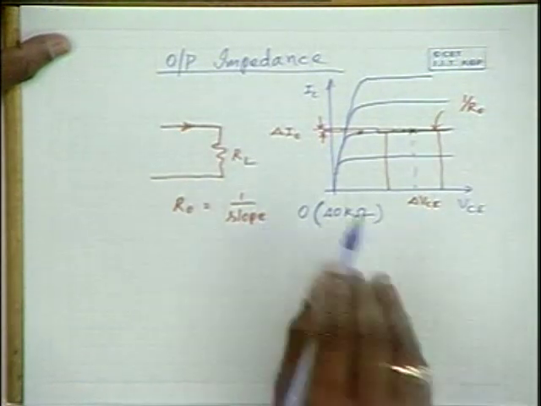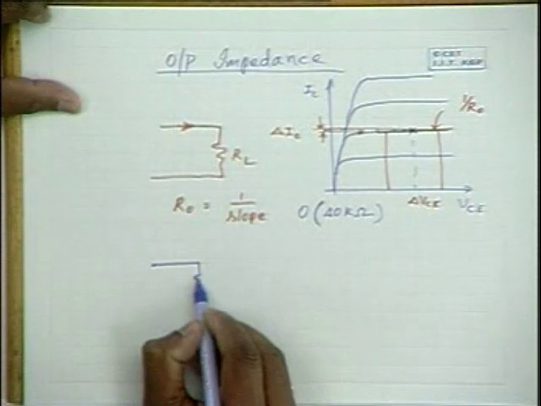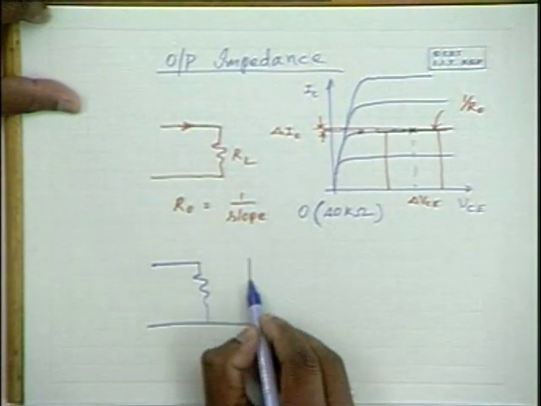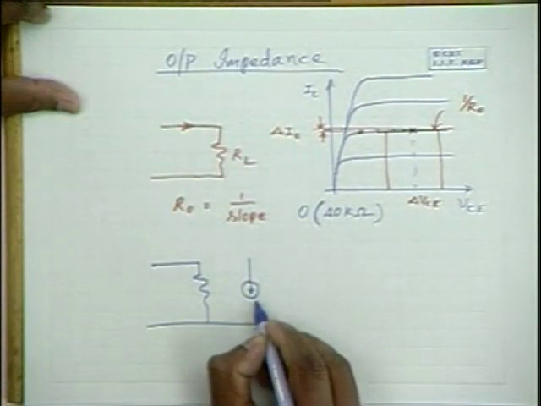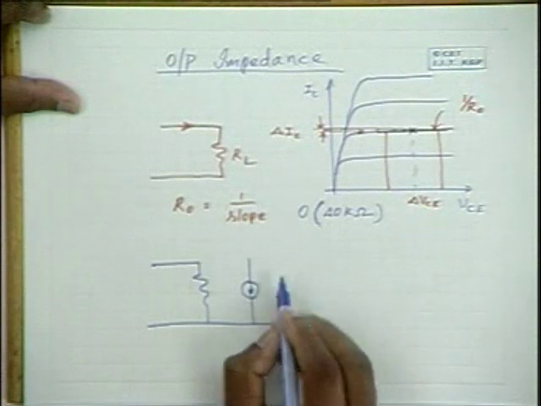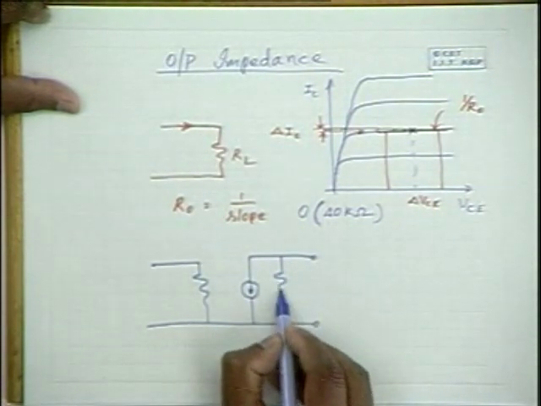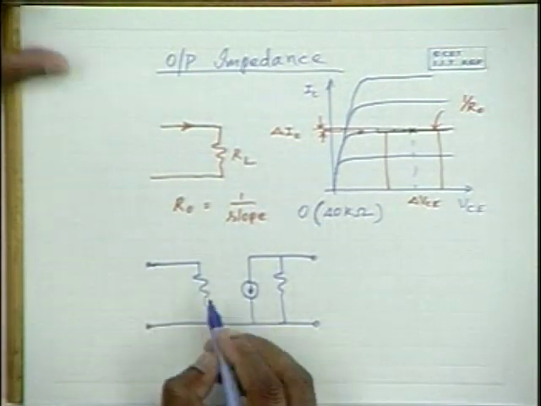Now with these quantities computed, we can determine the model for a common emitter configuration. So the model can be expressed in this form.